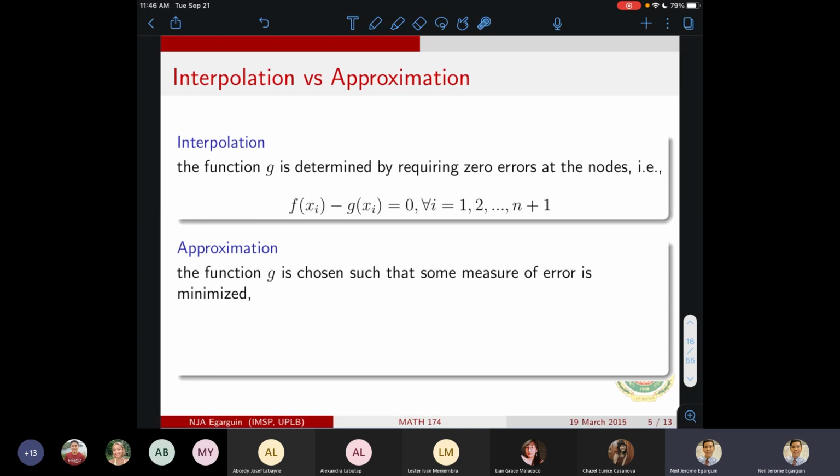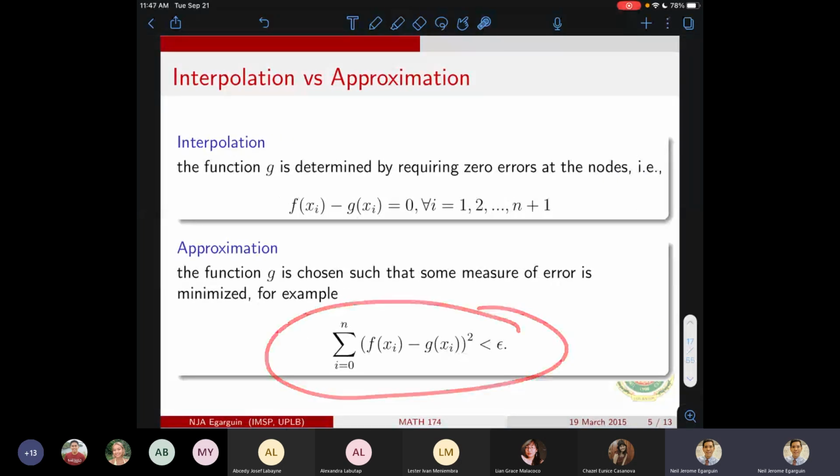Pero when you go into approximation, this is much more general because we don't impose a very local measure of error. Pero gusto ko mag-minimize ng some measure of error which necessarily doesn't require 0 error at the nodes. So for instance, one such measure of error is this one, which is basically the least squares error.